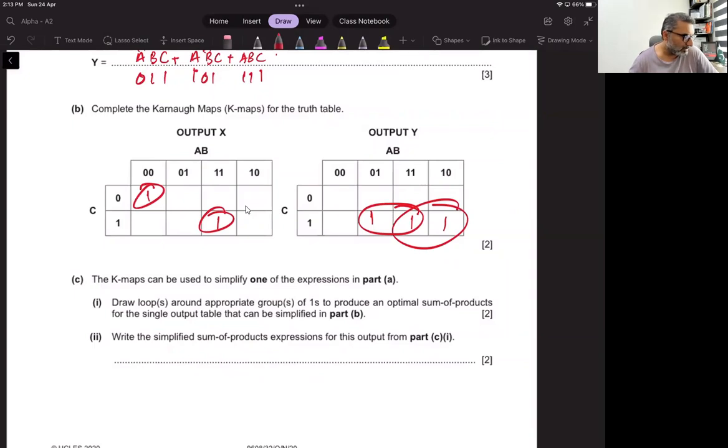Now, write the simplified sum of products expression for this output from part C1.